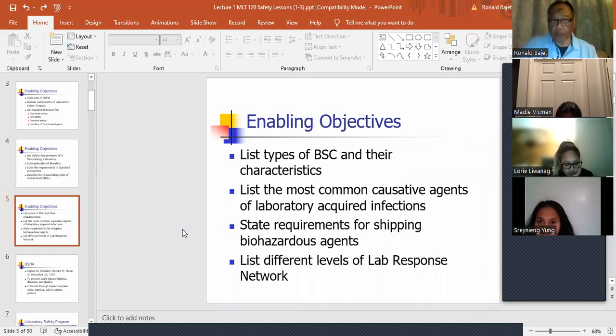Okay, so what happened was, it was towards the end of the day, a blood culture came in, and it was like 3:25 or whatever. It was really close to the end of the day. She was setting up a gram stain on this blood culture bottle.